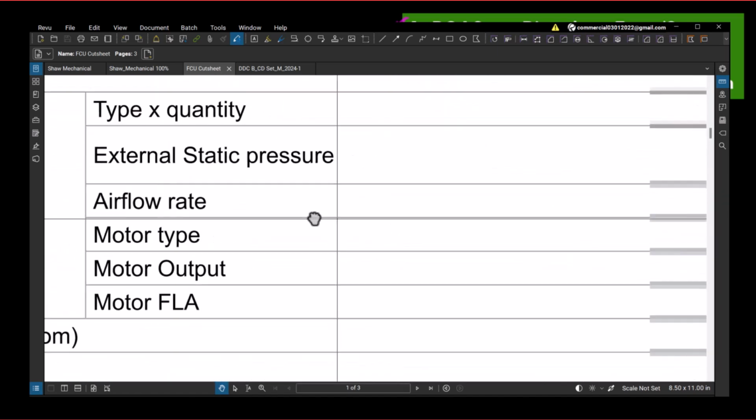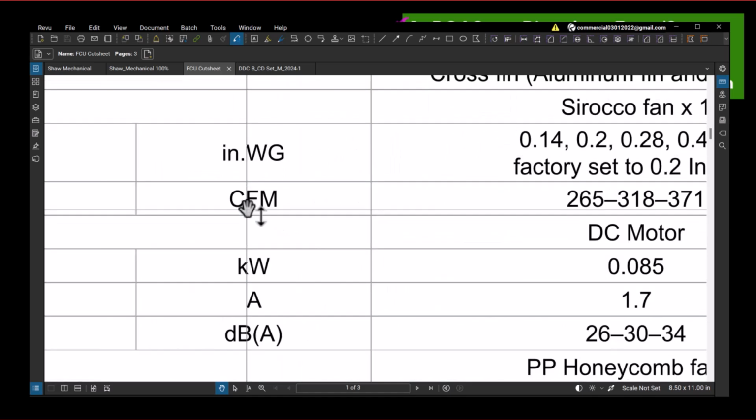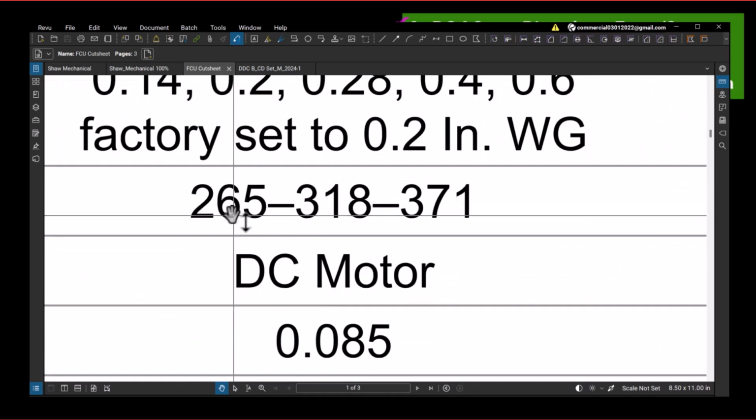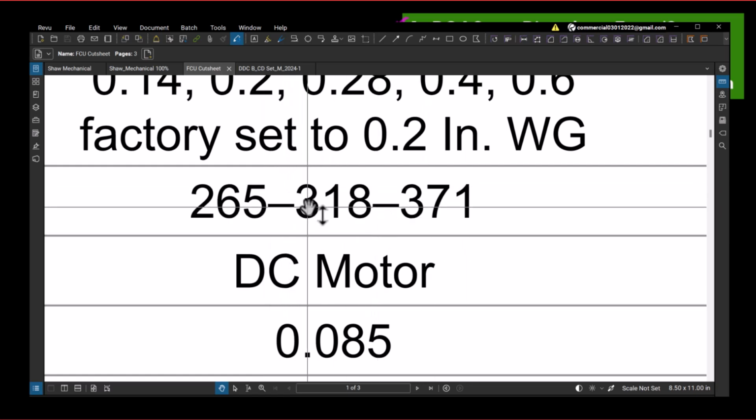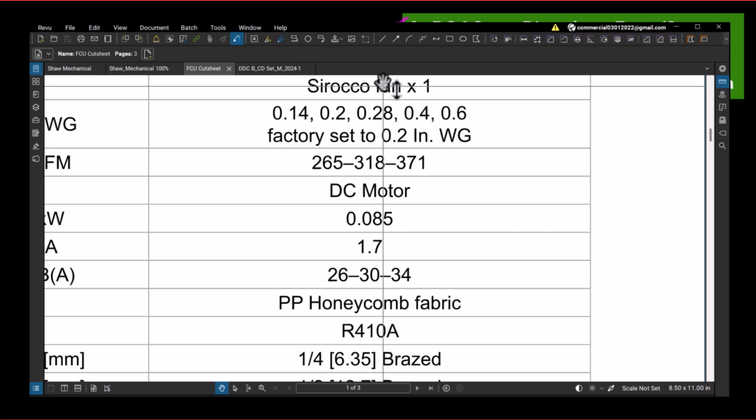It says airflow rate. Under the airflow rate, I have the CFM. The CFM in here says 265, 318, and 375. So possibly you want to put it in medium speed, 318 CFM. And then you can always change this to high speed. So that's what you have to analyze.